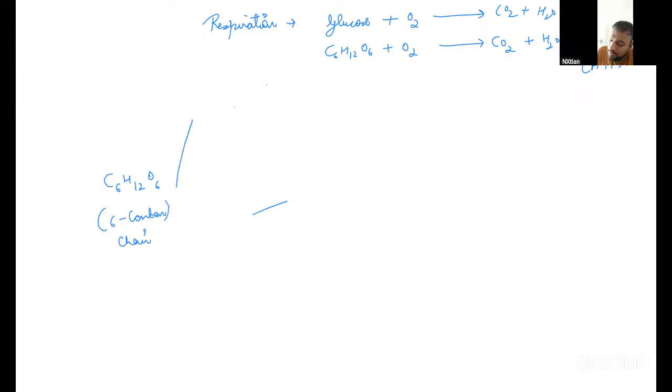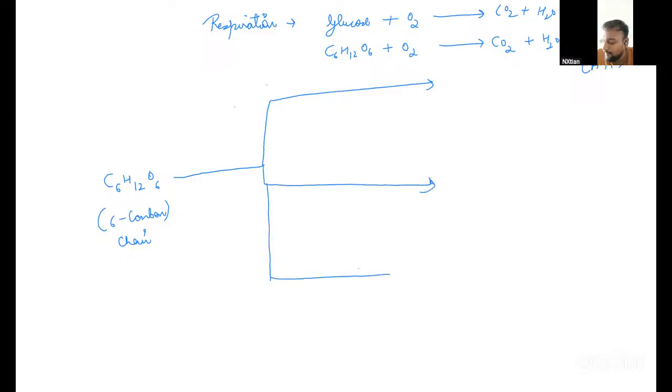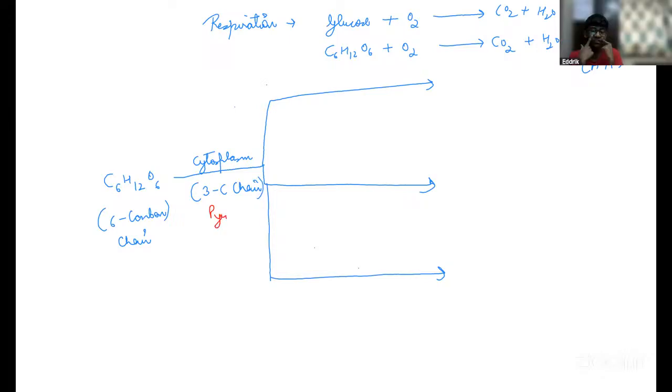Now, in the cytoplasm of a cell, it divides into a 3 carbon chain, which is also called pyruvate.